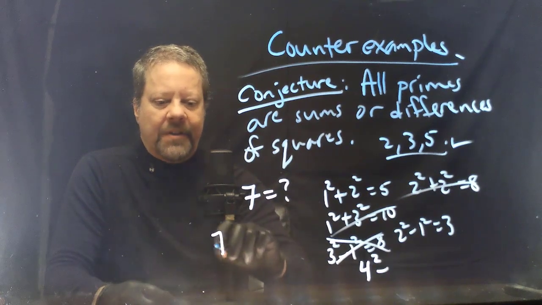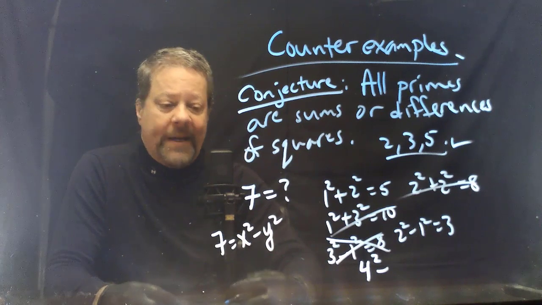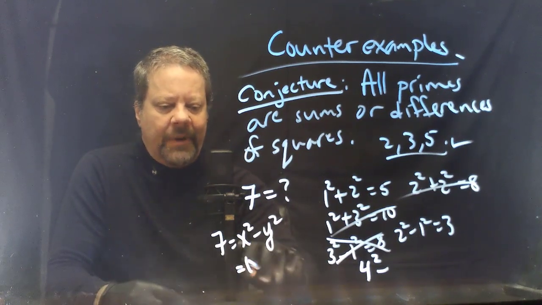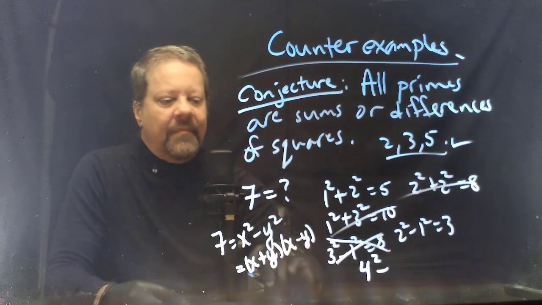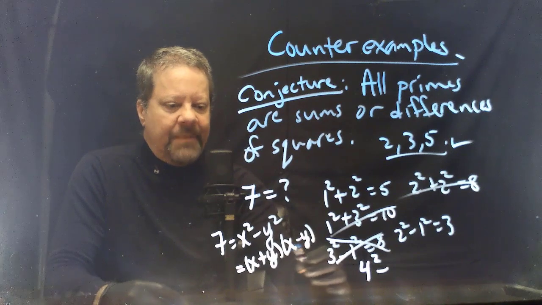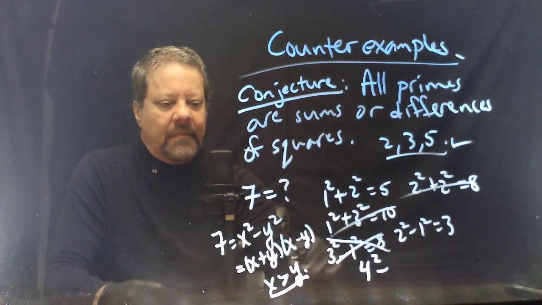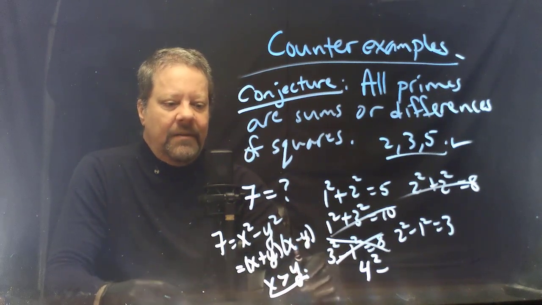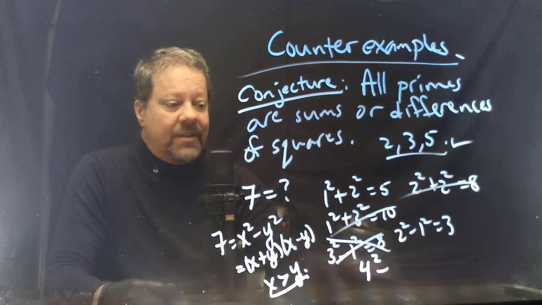For the difference of squares hypothesis, maybe we could write this as x squared minus y squared and try to figure out some relationships about x and y. Note, however, this is x plus y times x minus y. And if we're going to have this be positive, x has to be bigger than y. Otherwise, we'll get a negative here and you won't get 7. If x is bigger than y, and x and y are both integers, then x minus y is at least 1.